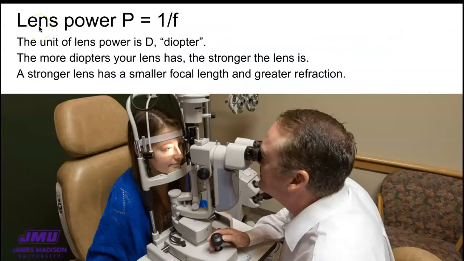That lowercase f, the focal length, will be used in several different equations, the first and easiest of which is the lens power. Lens power is 1 over the focal length. Its units are called diopters. The more diopters your lens has, the stronger the lens is, either as a converging or diverging lens.